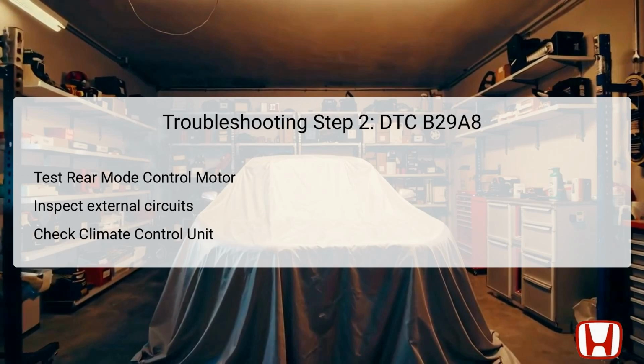After disconnection, perform a continuity test or check the motor functionality. Following this, inspect the external circuits associated with the MRV open and MRV close parameters. Loose or damaged wiring can lead to improper motor function and should be addressed accordingly.